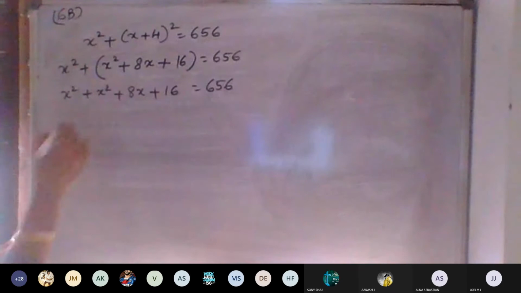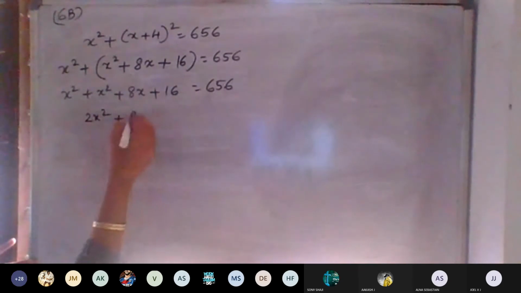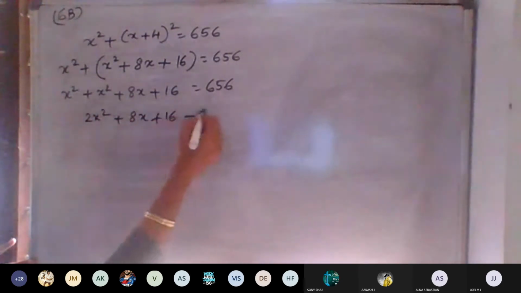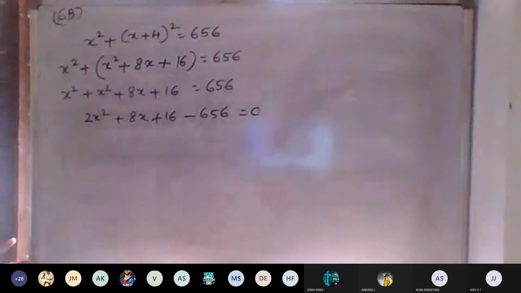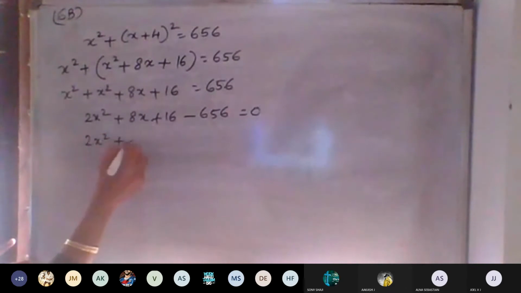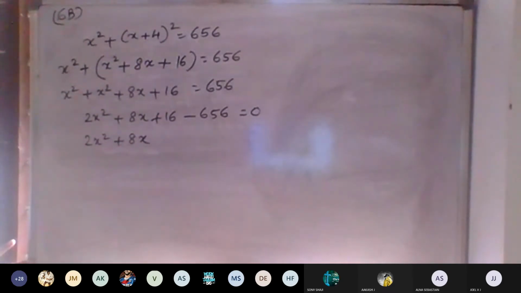x square plus x square, 2x square plus 8x plus 16 minus 656 is equal to 0.